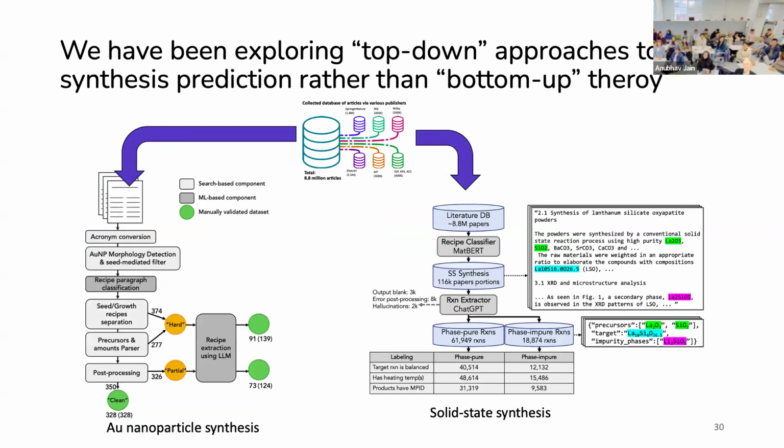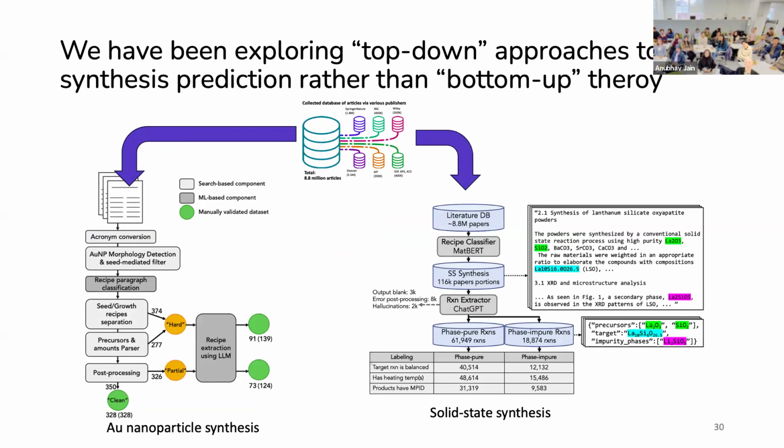Okay, so if the bottom-up theory is difficult, can we take a top-down approach, which is to start with all the known synthesis recipes and come up with some models for which materials might be synthesizable, and how to make them? The Sater group and our group have been working to collect about 8.8 million articles on material science, and create various data sets about solid-state synthesis reactions.